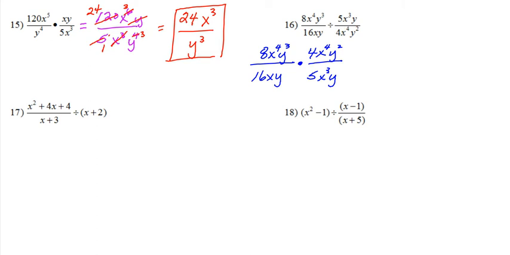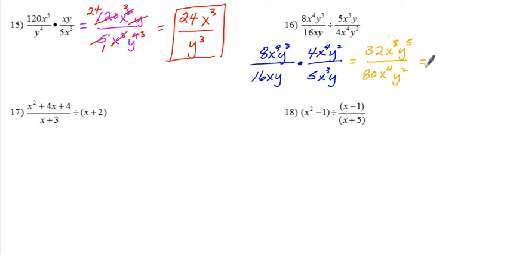All right, now we can multiply. 8 times 4 is 32. X to the fourth times x to the fourth is x to the eighth. Y to the fifth over 80. X to the fourth y squared.